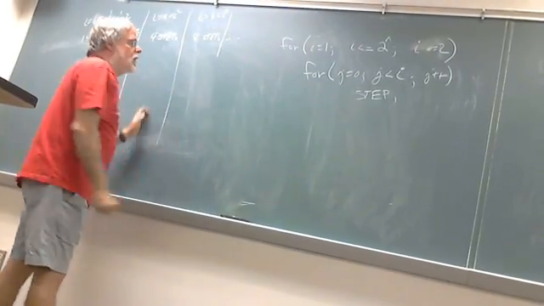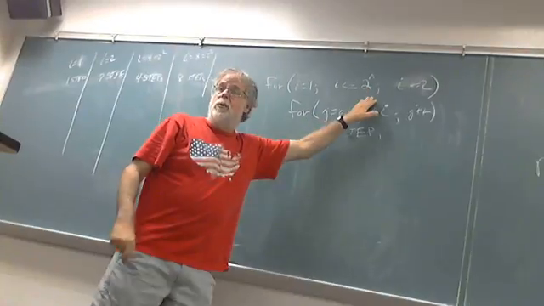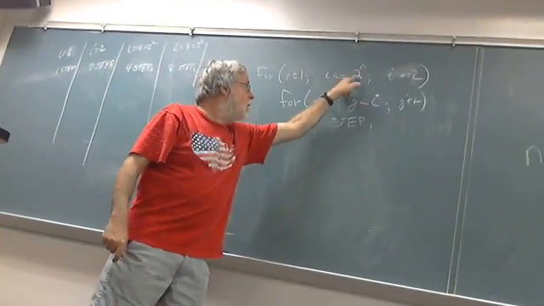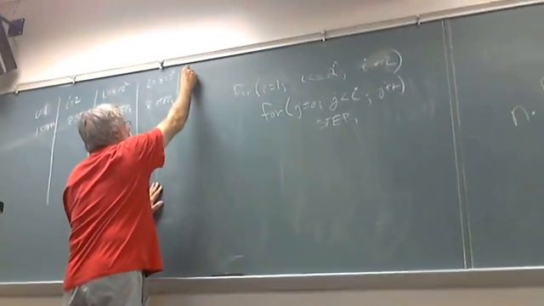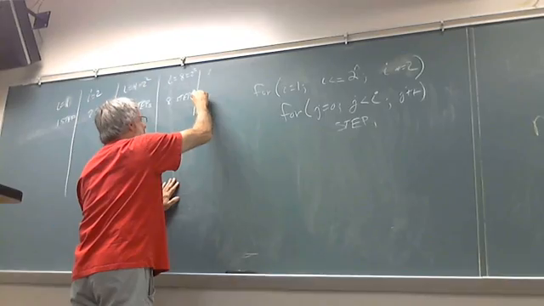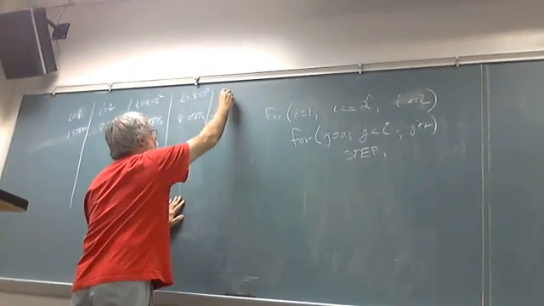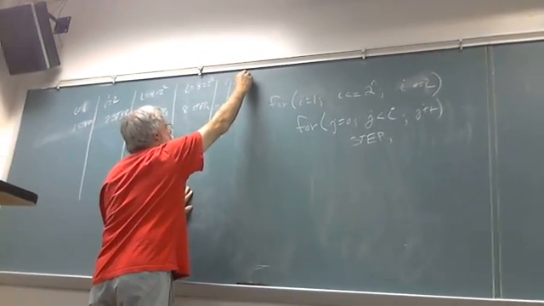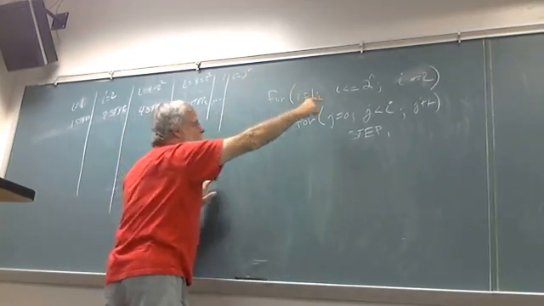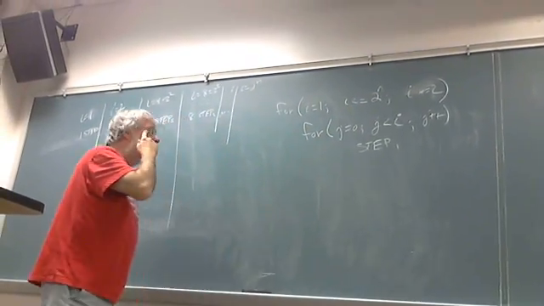That continues. And the last value for I is 2 to the n, while I is less than or equal to. So with the dot, dot, dot, now we're up to where I is 2 to the n, and that is equal, so less than or equal.